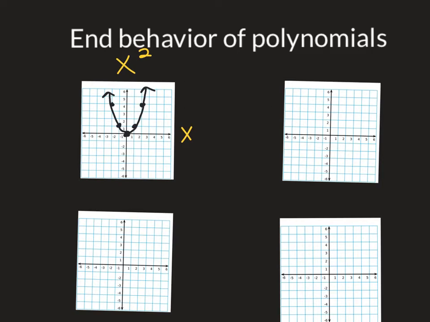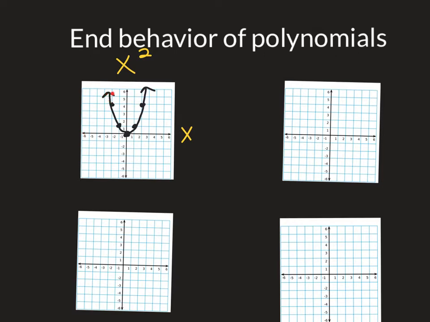And so if I was going to talk about end behavior, then what I'm thinking about here is when I look to the left on the x-axis. So when I plug in numbers like -2, -3, -4, -5, -6, I ask myself, what's happening when I plug in those numbers far to the left? Well, as I plug in those numbers going to the left, then the graph is going up high.